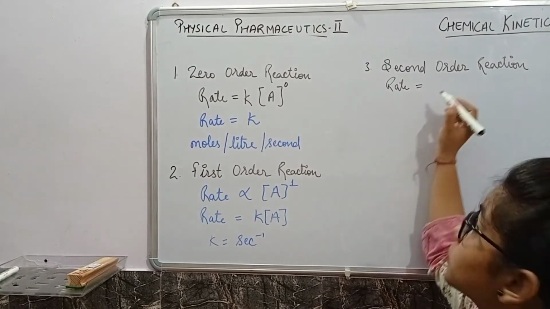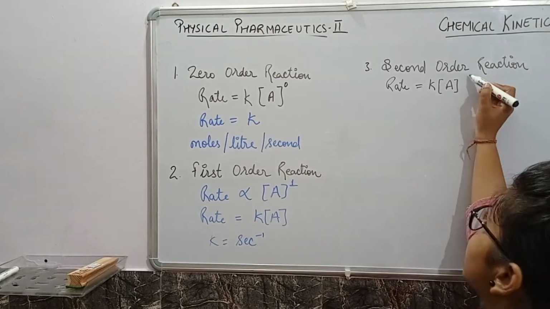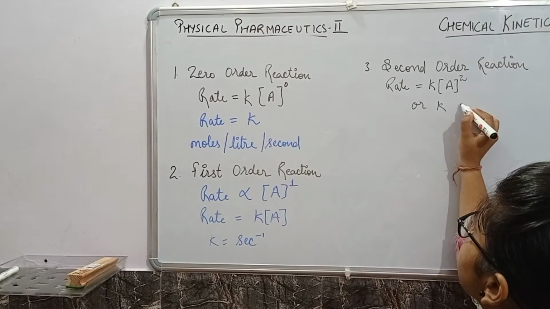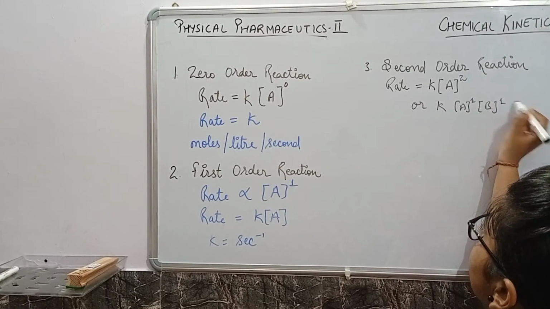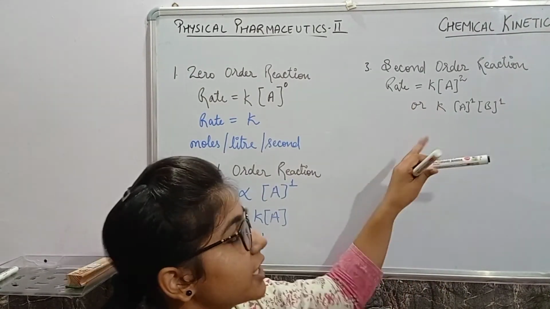Rate is equal to k times the concentration. If there is only one reactant, the power of this reactant is 2, or if there are two reactants, then the power of both is 1 each. So this is the second order reaction.